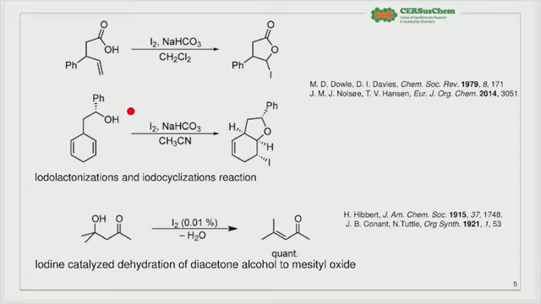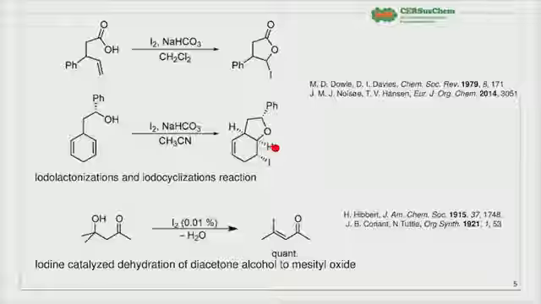Also, it can give us access to iodocyclization, with the product containing iodine. This kind of thing is very important. If we look at the structure of the products, we have iodine, so this gives us strong liberty for post-functionalization or post-modification of these compounds. We can eliminate the iodine to get access to a double bond, or we can make substitution reactions on these substrates.